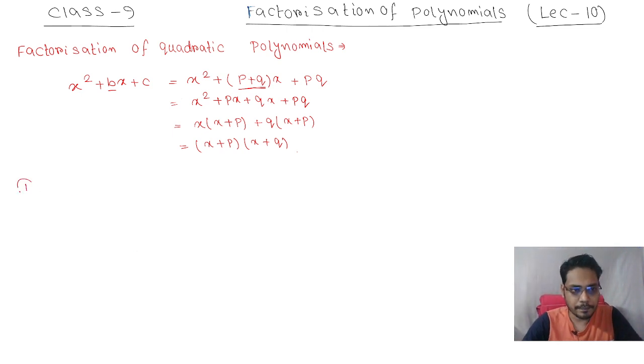So the first example, that is x square plus 9x plus 18. Now we need to try to split.